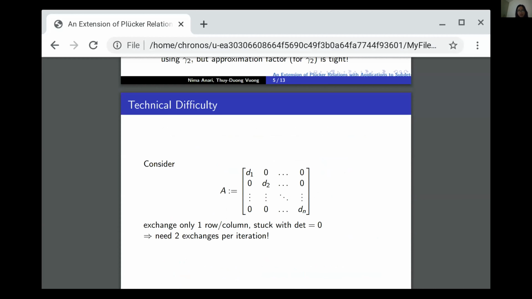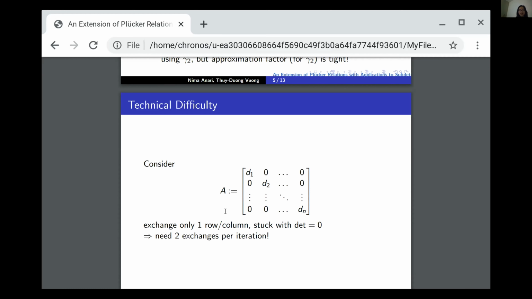The main technical difficulty for local search in this situation is that usually with local search, you start from some set and then exchange one element from that set for another element outside, and try to improve the objective function. Here, this strategy would fail for our problem. For example, consider the diagonal matrix here.